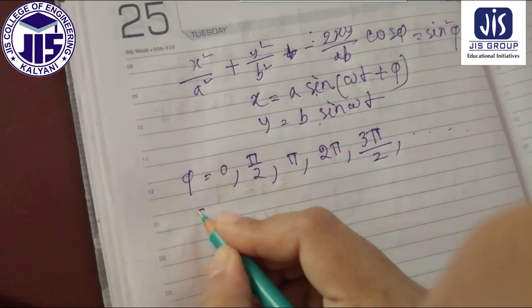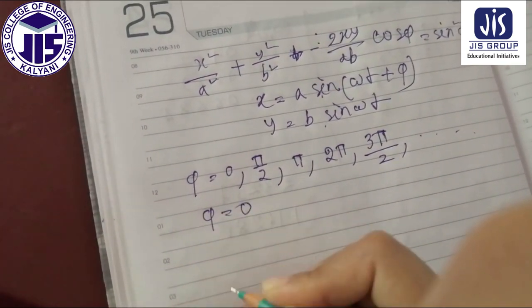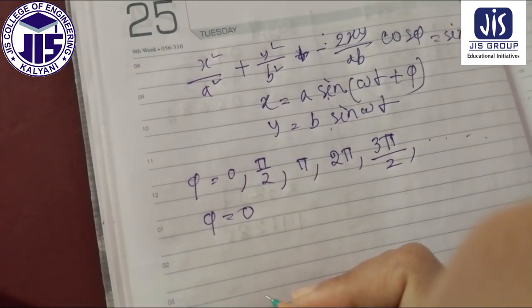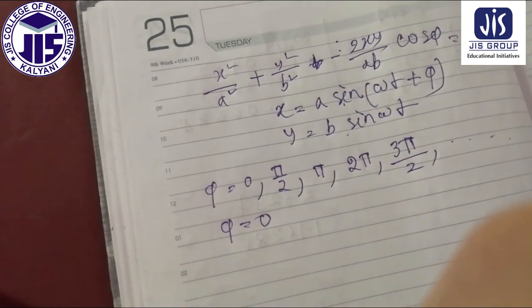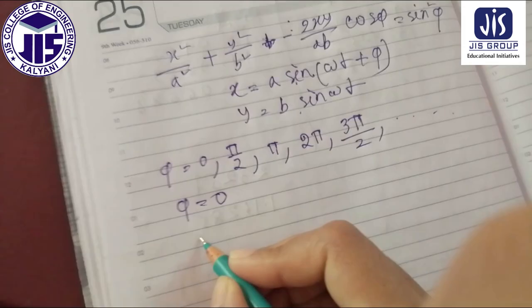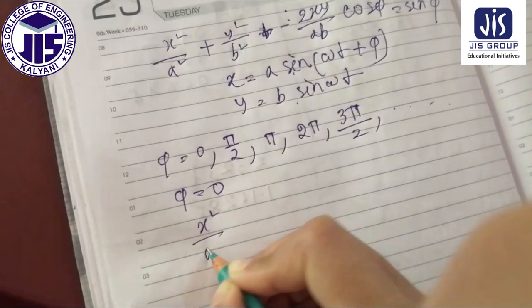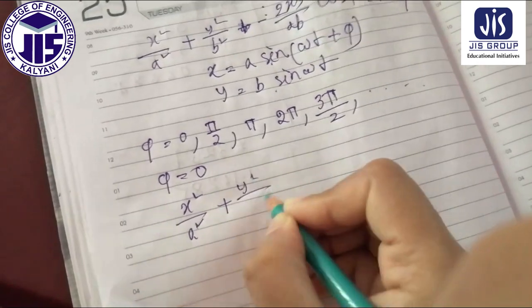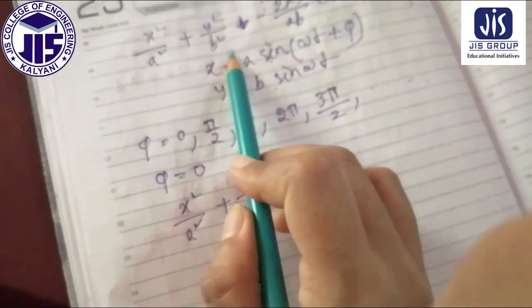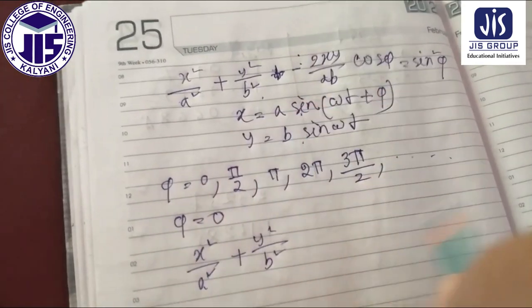So first we'll put phi equal to 0. If we put phi equal to 0, then x square by a square plus y square by b square, these two terms remain the same because there is no phi.